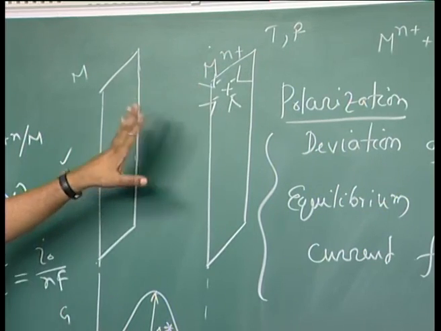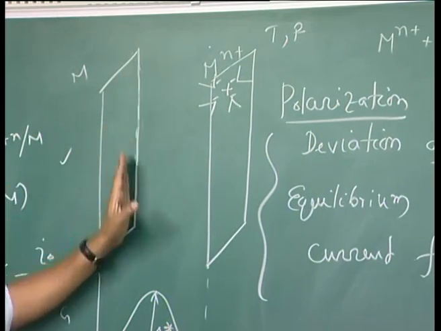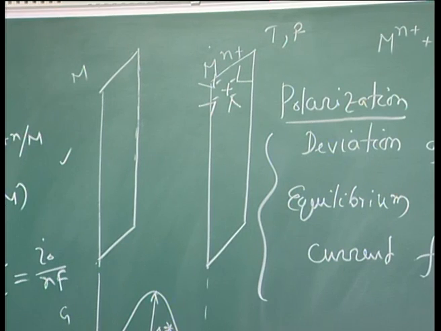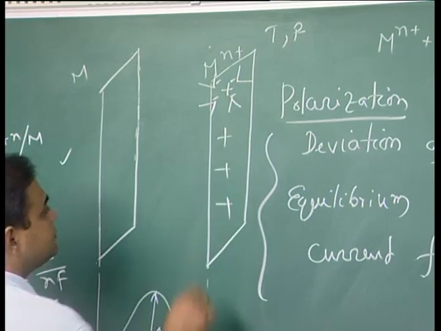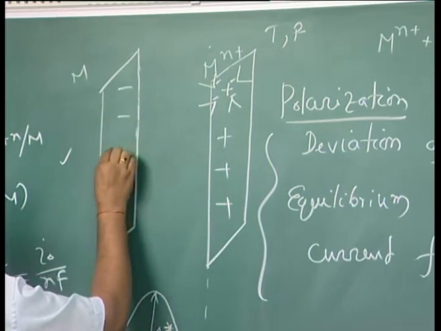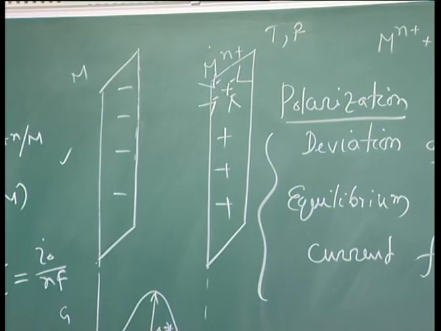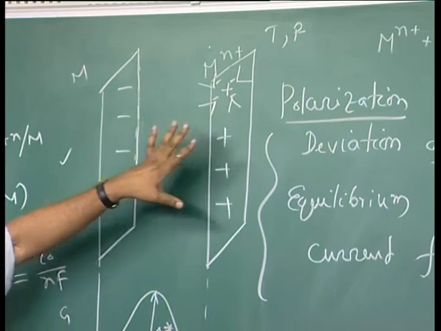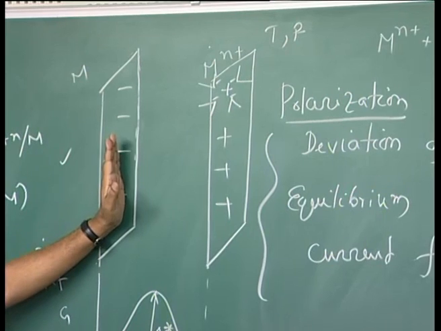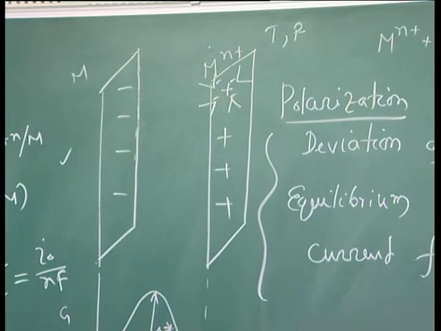Also, you have left electrons at this surface. So, you have positive charges here and negative charges here. You see there would be a formation of a capacitor. This is the negative side, this is the positive side of the capacitor.